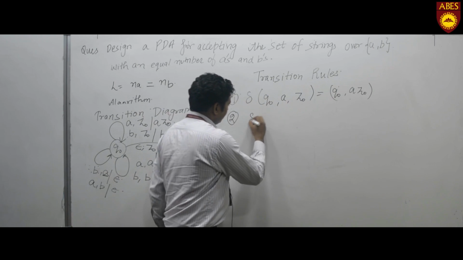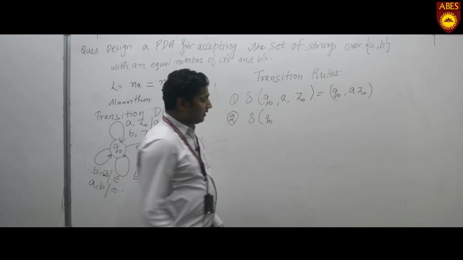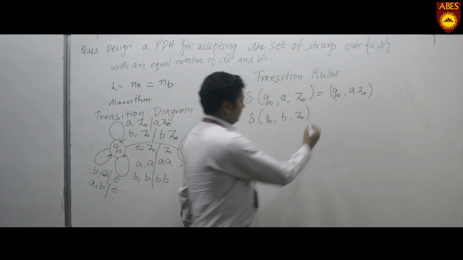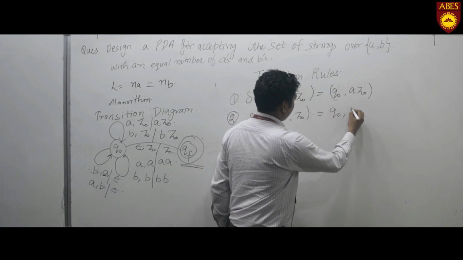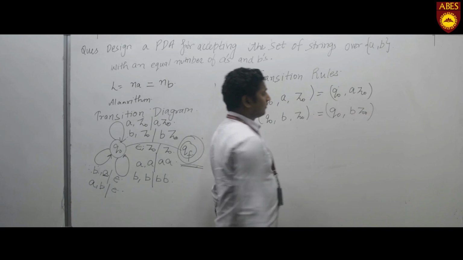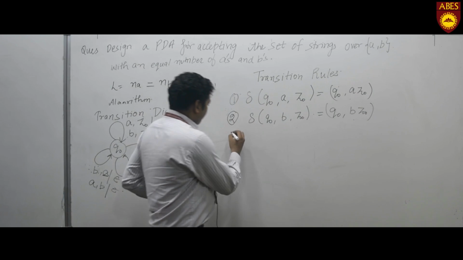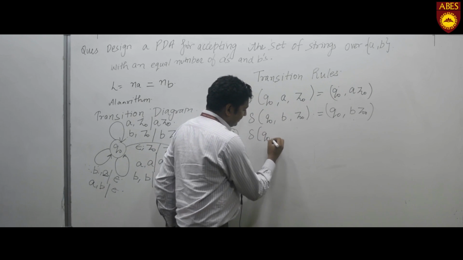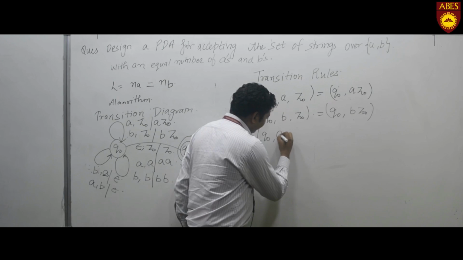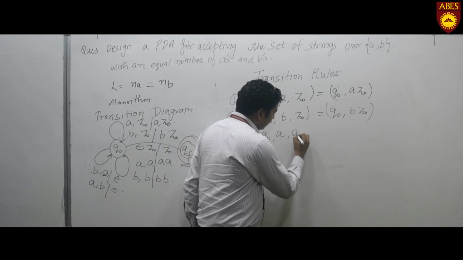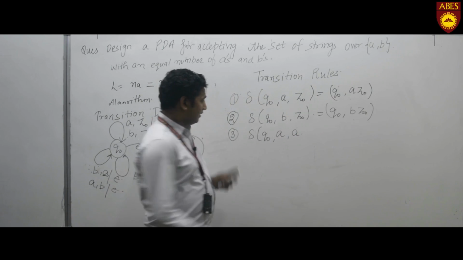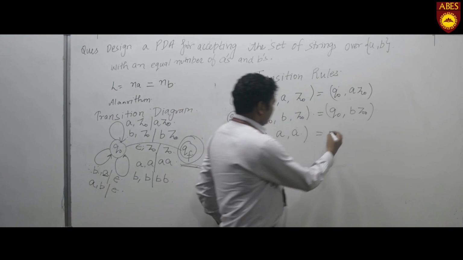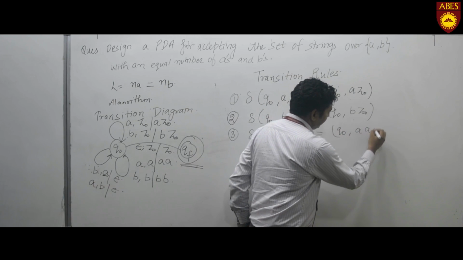Next transition is that we are on state Q naught and first symbol is B and top of stack is Z naught. So we'll move to Q B Z naught. The third condition will be that we are on state Q naught and we have an input A and we have already A as top of stack. So for this we will push one A onto the stack. So we will have Q naught AA.